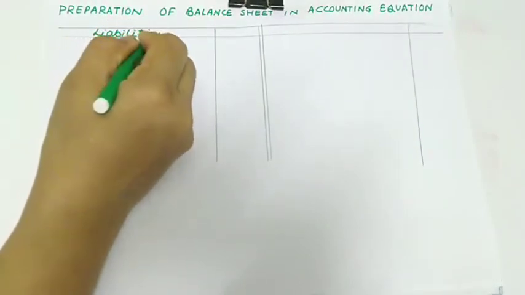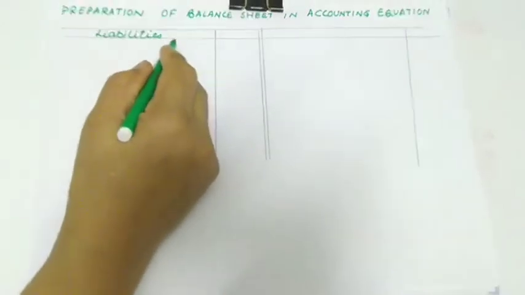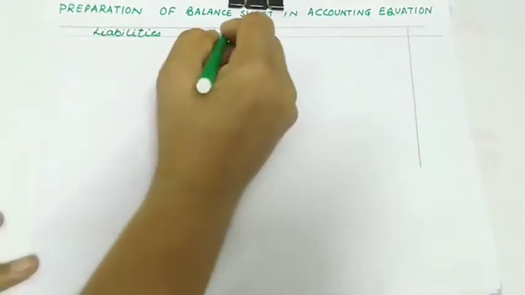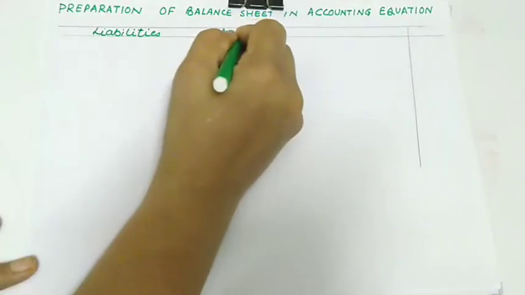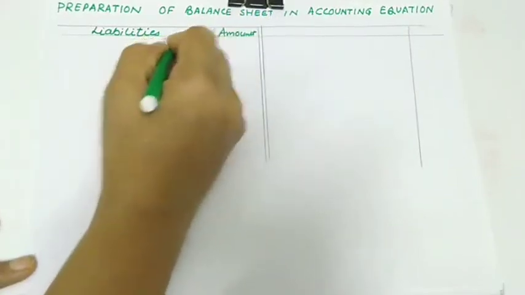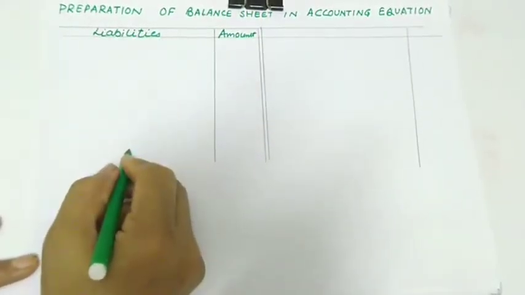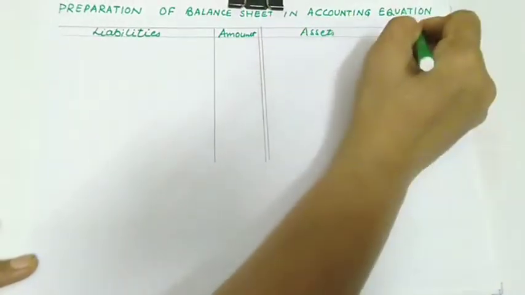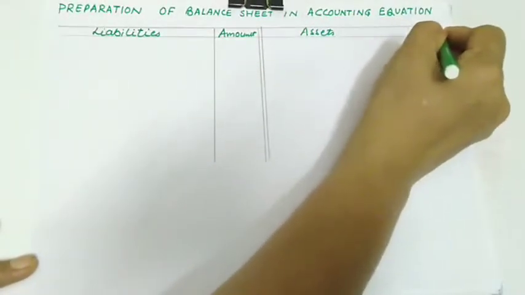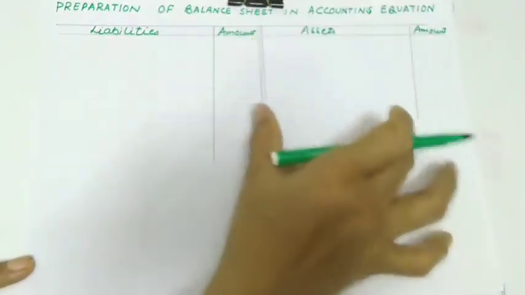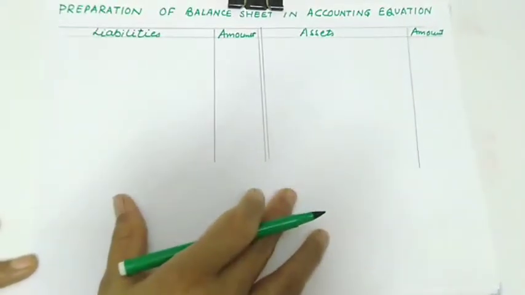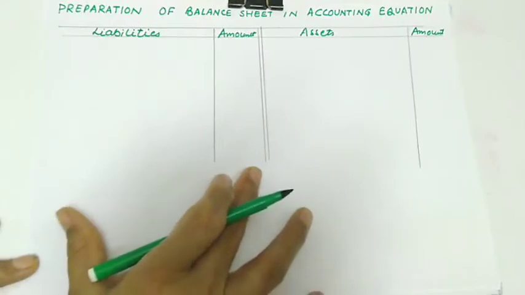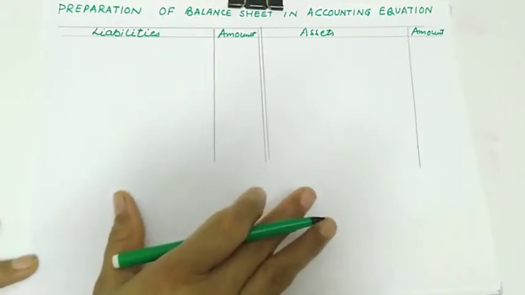Liabilities means responsibilities, and these liabilities will be external as well as internal liabilities. So you can say that here will be showing C plus L, and here will be showing our assets. That's why I preferred you to go for C plus L is equal to A format, because this will help you in making the balance sheet also.